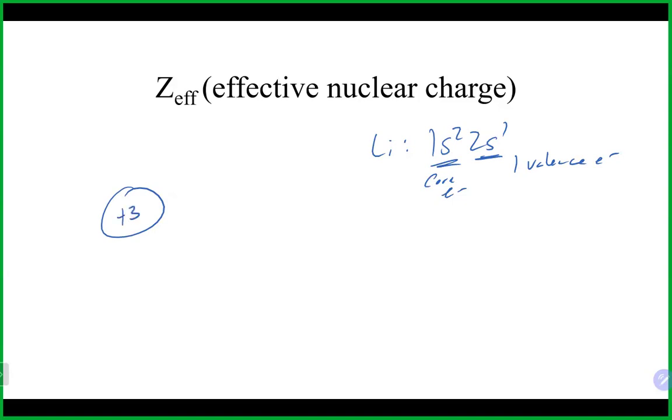On the first level, it's got a couple of electrons, and on the next level an electron flying around. Now, these lower energy electrons pretty much will feel the full brunt of that +3 attraction to the nucleus.